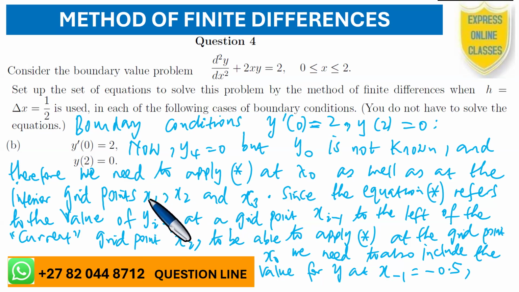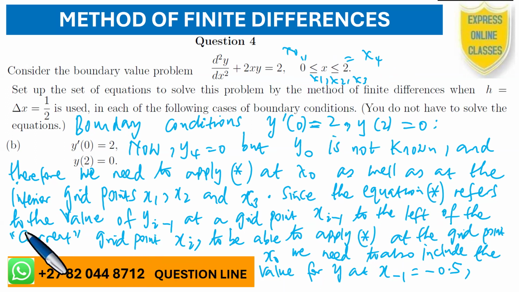The interior grid points are, as we said already, the interior ones. If you start and say x0 is this one, and x4 is this, then x1, x2, x3 are what we call the interior grid points within this interval.